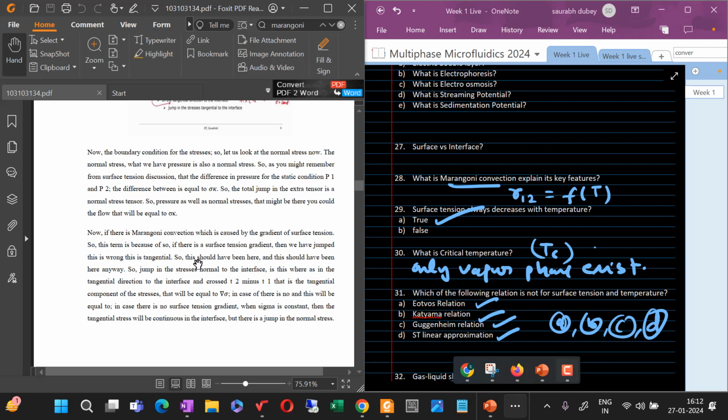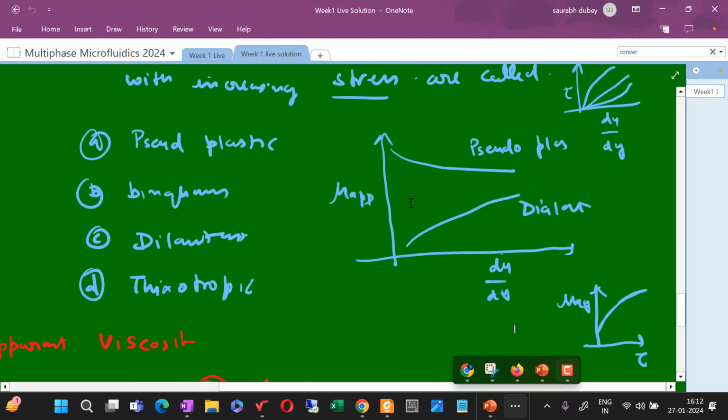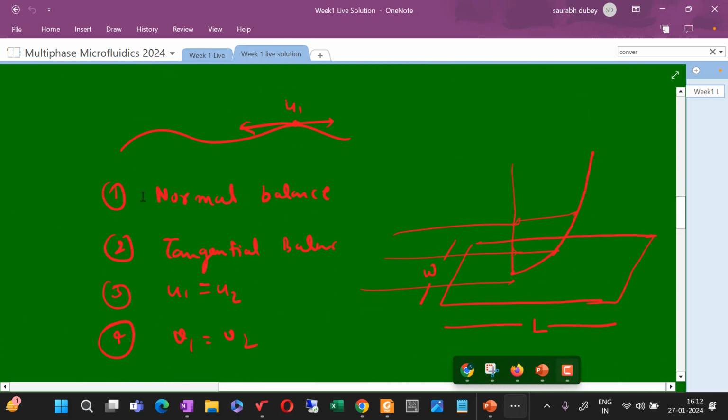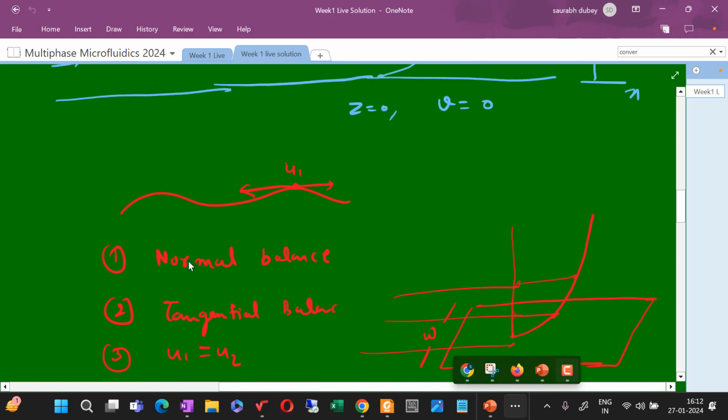So a gradient in the surface tension will be there, and this gradient will be related with the convection. Let me tell you, the normal balance and the tangential balance are there at the interface. Whatever normal and tangential balances you have are in terms of the continuity equation and the Navier-Stokes equation. To solve the continuity and Navier-Stokes equations, you need boundary conditions, as for any partial differential equation.